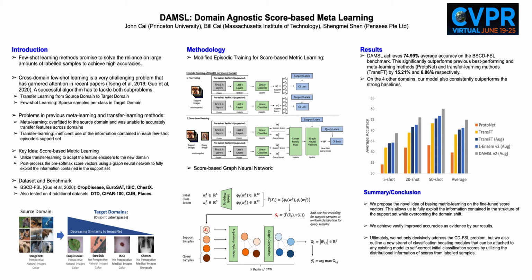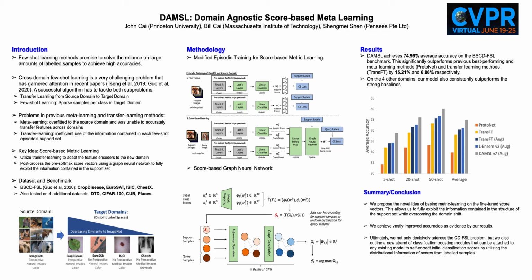But if we simply fine-tuned our model, as we do in transfer learning, on these 25 samples, what we lose is the information contained in the distribution of these samples, because in the fine-tuning process we are merely treating these samples as independently and identically distributed. So we don't really capture the structure and the statistics of these samples.